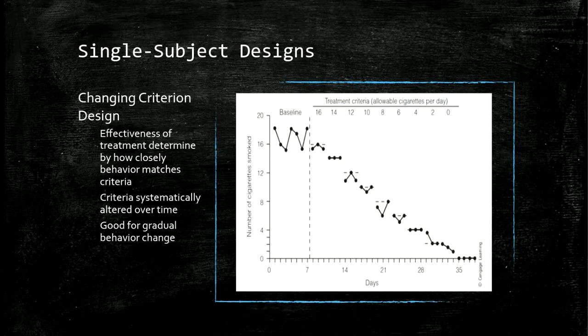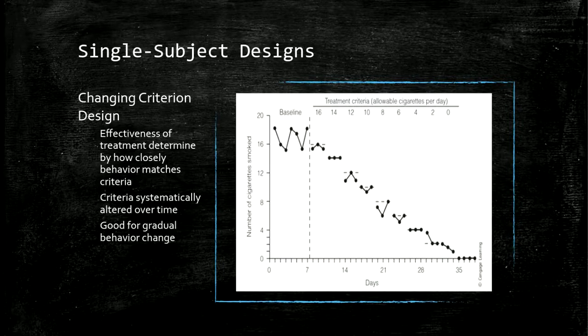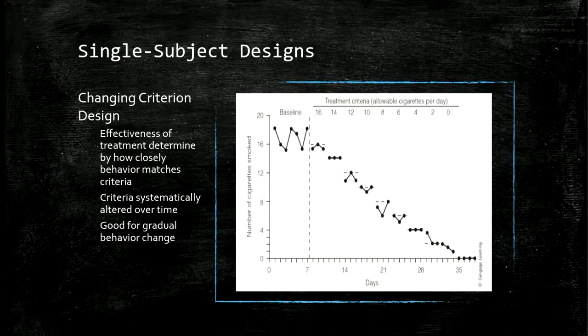If you meet that criteria, then we reduce it to 14 cigarettes or less a day. If for 3 days in a row you meet that criteria, you smoke 14 or fewer cigarettes for 3 days in a row, then we again reduce that and set the criteria at 12 cigarettes or fewer a day. Meet that criteria for 3 days, then we reduce the level again. So the criteria are systematically altered over time.